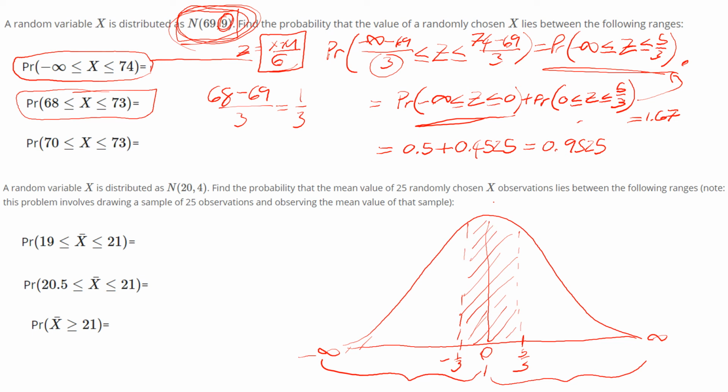So again, in this case, you're going to have to split up the probability at the point of 0.